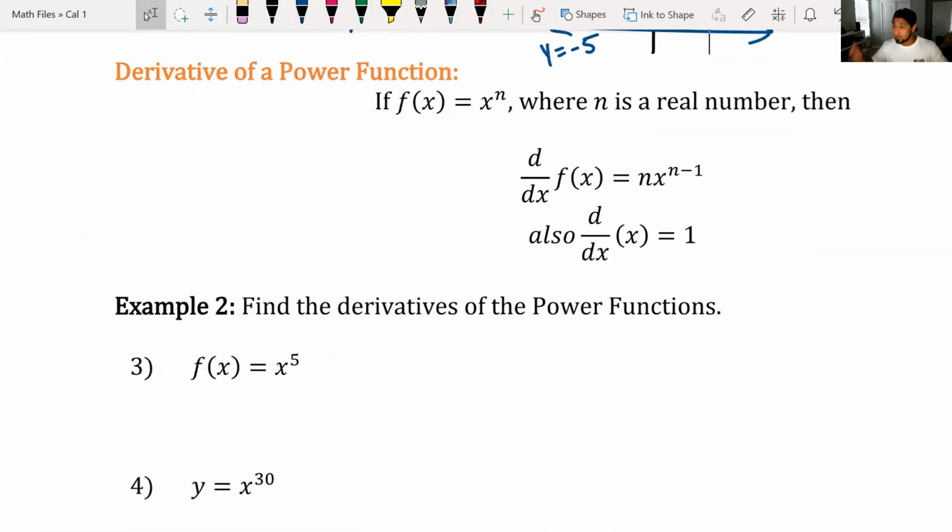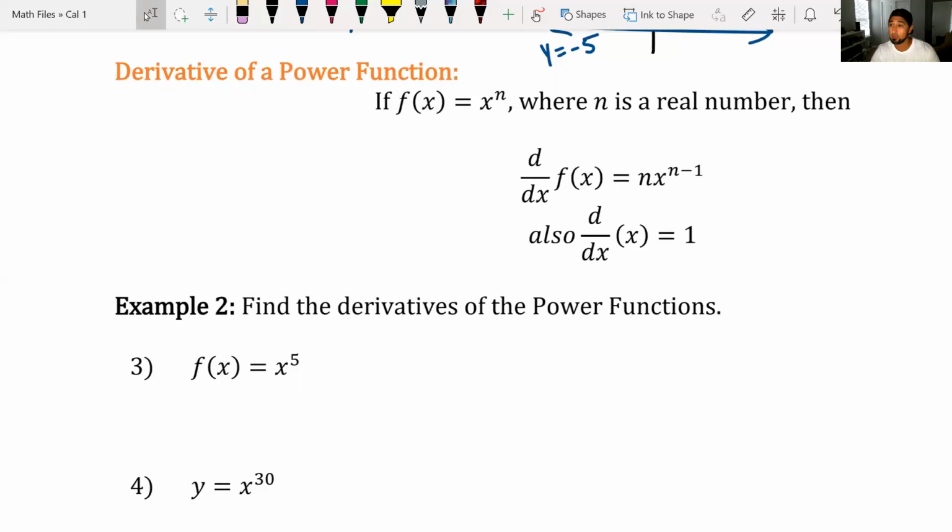Okay, perfect. The next rule for derivatives is the rule that will be your best friend throughout the rest of the class. This is the power rule for derivatives, the derivative of a power function. If f of x equals x to the n, where n is a real number, then the derivative of x to the n is n times x to the n minus 1.